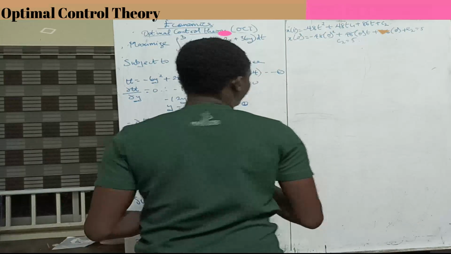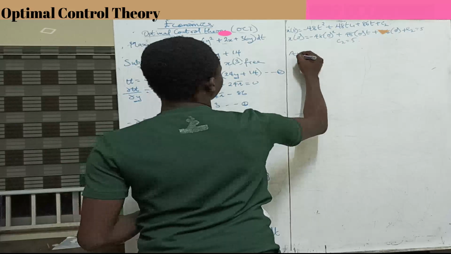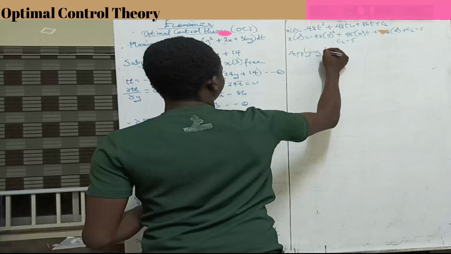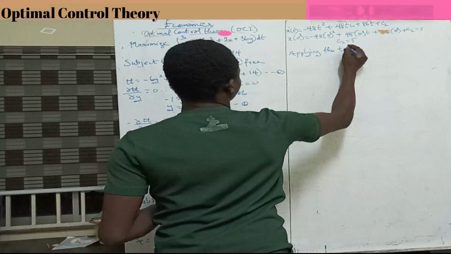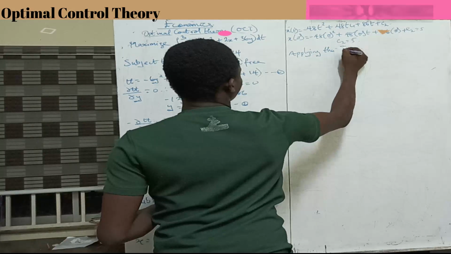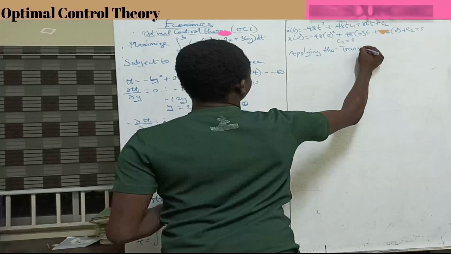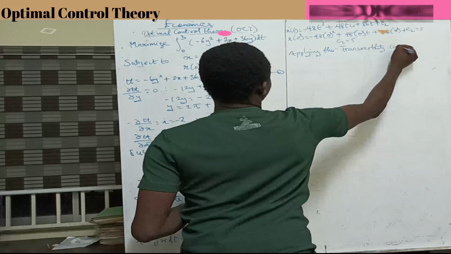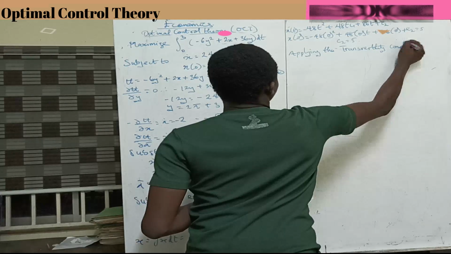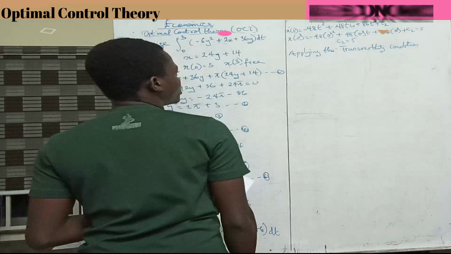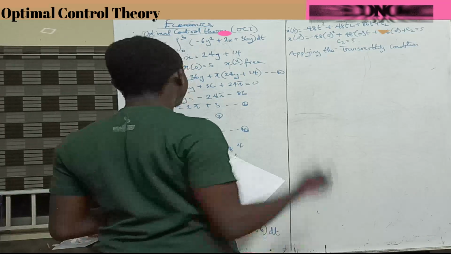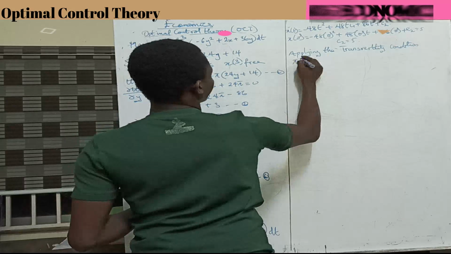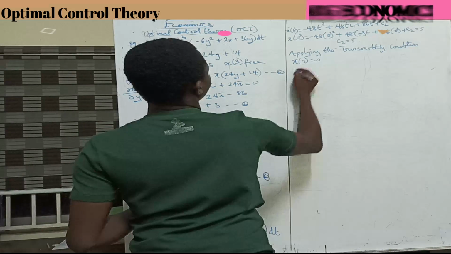Now apply the transversality condition. Since x3 is free, we have lambda 3 equals 0.